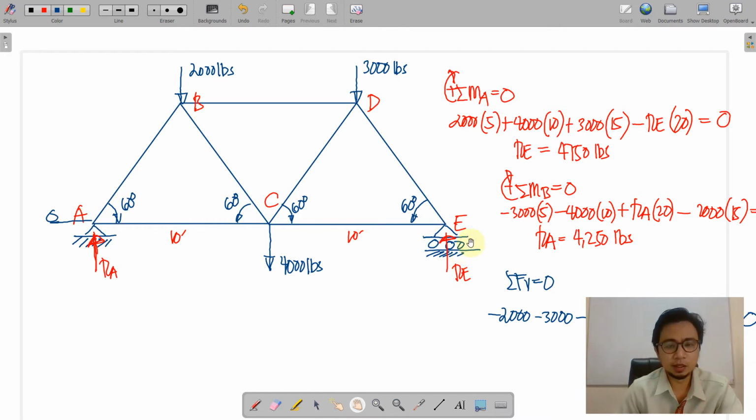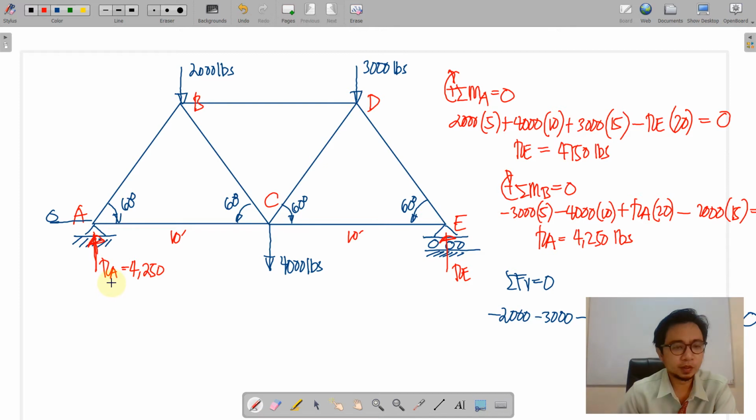We have A and E. So starting at A, we have 4,250. So 4,250 is an upward force. So let us choose between AC and AB, which will resist RA equal to 4,250. Obviously AC will have no vertical force, so it has nothing to do with 4,250.